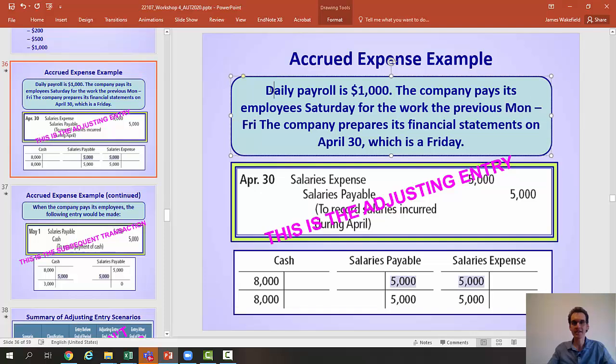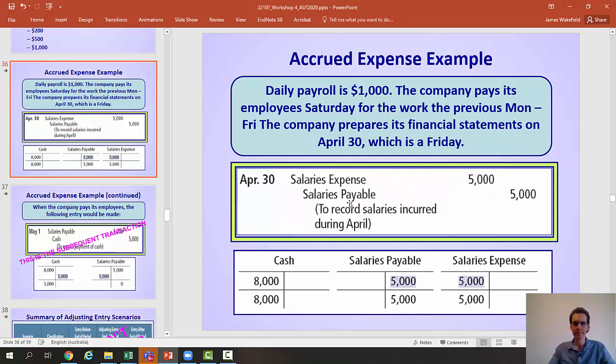So if the daily payroll in this case is $1,000 a day and employees are working 5 days a week, then of course 1,000 times 5 is $5,000. This is the adjusting entry you would need to record. So you would of course debit salaries expense to recognize the expense that's been incurred of $5,000 to the end of the financial period.